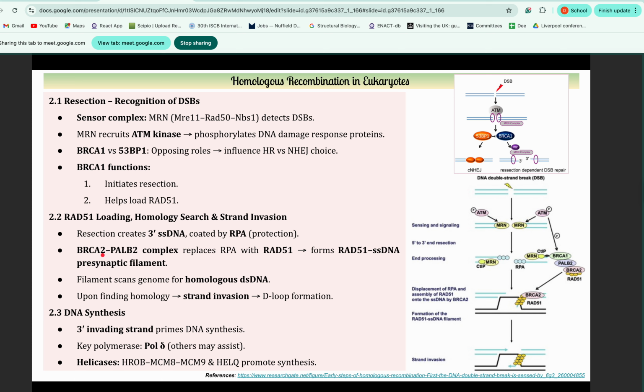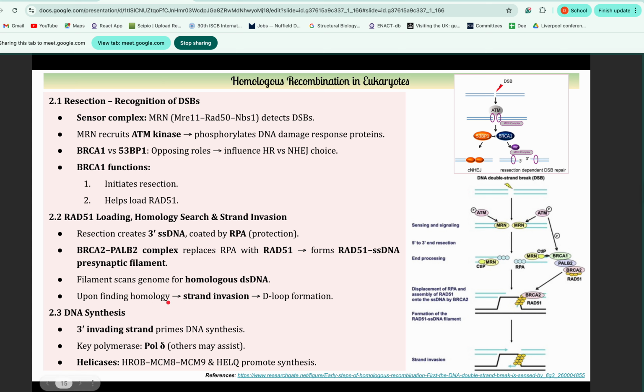Then comes the BRCA2 and PALB2 complex, which will help to replace this RPA with RAD51. Now it will form the RAD51 and single stranded DNA presynaptic filament. This filament will scan the genome for the homologous double stranded DNA. So keep this in mind, that RAD51 is the protein which is involved in searching for the homologous double strand DNA.